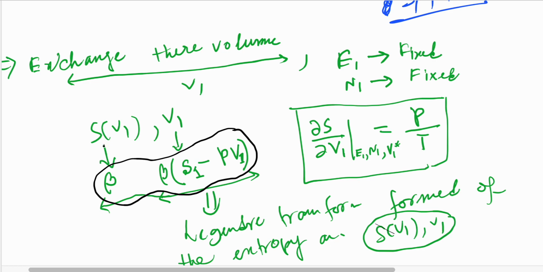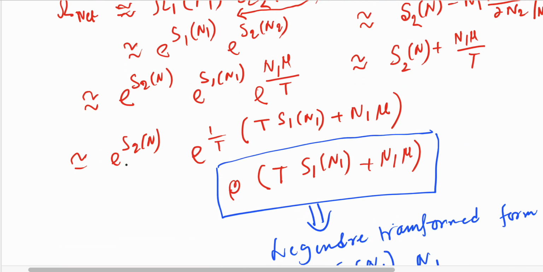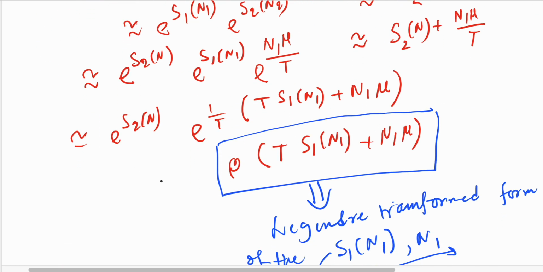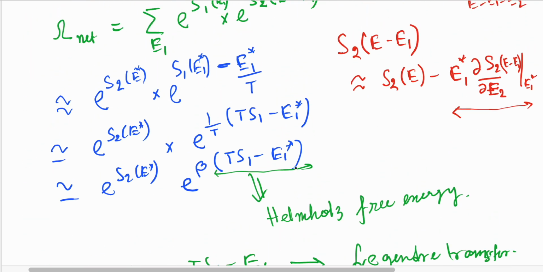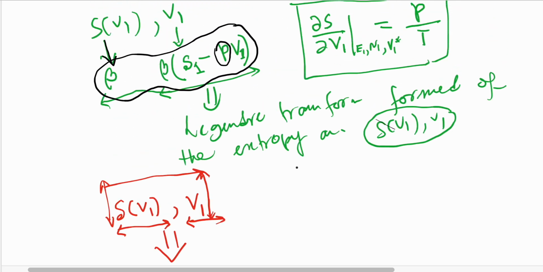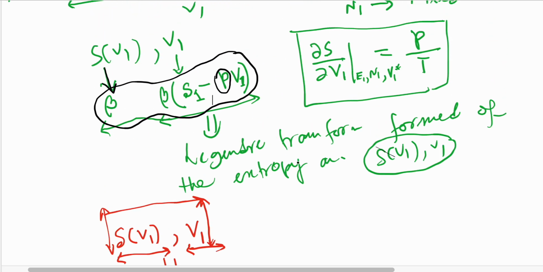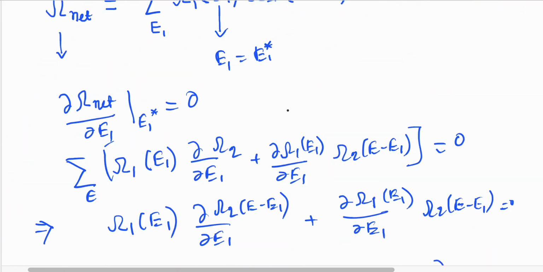Here you get one intensive quantity, so you reduce the system description from two extensive quantities to one extensive quantity and one intensive quantity. Similar is here also, one is beta and another is the other, and similar also for the energy. So that is why you want to Legendre transform your extensive quantity to reach towards an intensive quantity. So that's that.